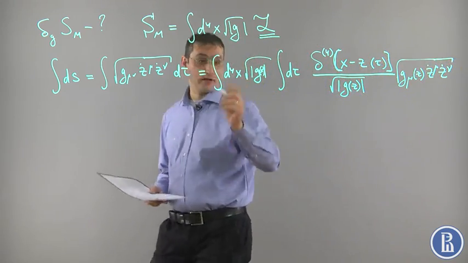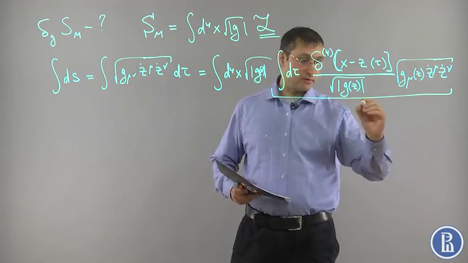So this is just an example where the Lagrangian density is this quantity.